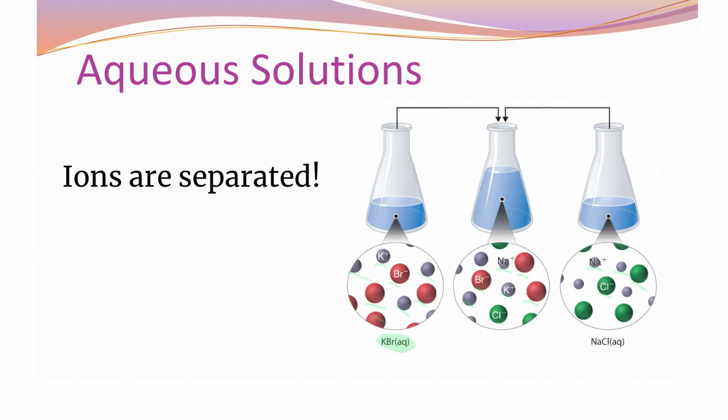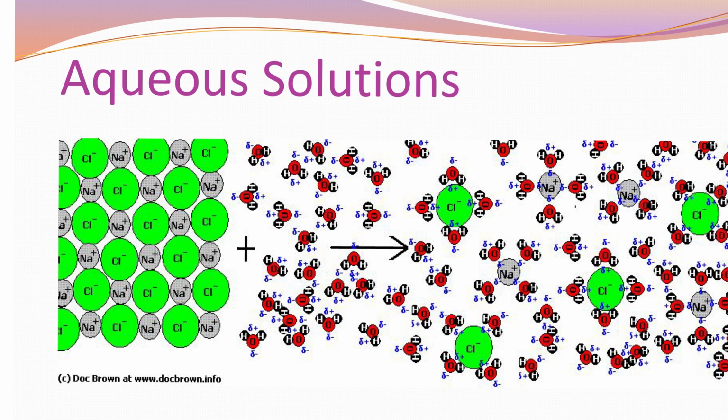So make sure you're able to draw what it looks like to have the ions of a molecule be separated. The last slide showed that the ions are broken up, but now we are going to add water into the mix. You can see here that the water molecules, remember, have dipoles. The oxygen is going to have a partial negative charge, and the hydrogen is going to have a partial positive charge.